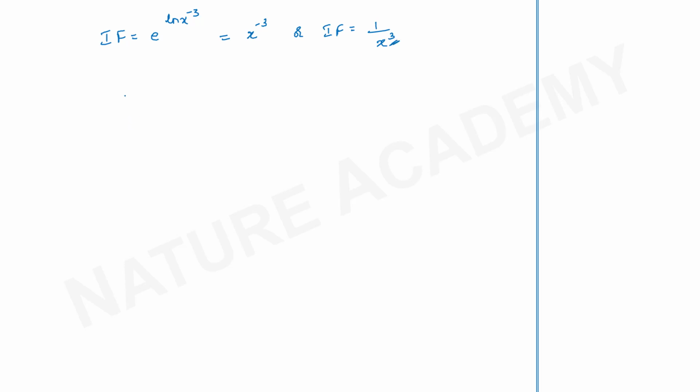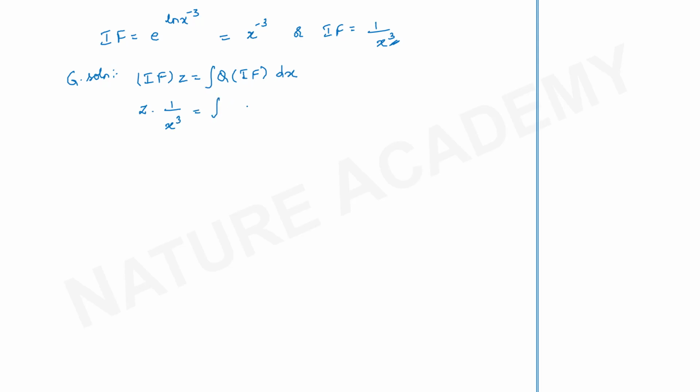Now find the general solution. General solution can be found using this equation: integrating factor into z is equal to integral q into integrating factor into dx. So z as it is I will write, and integrating factor is 1 by x cube.